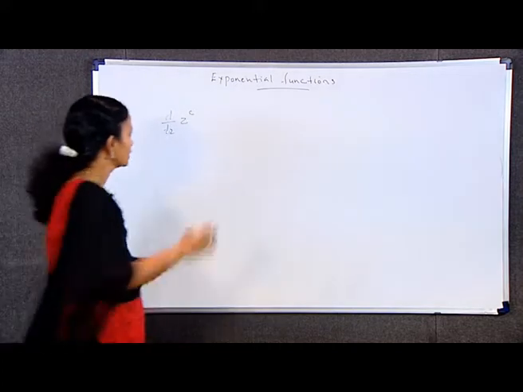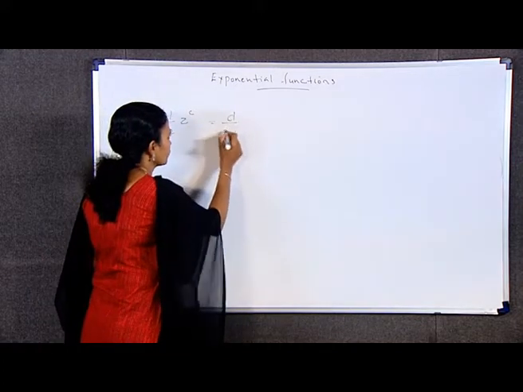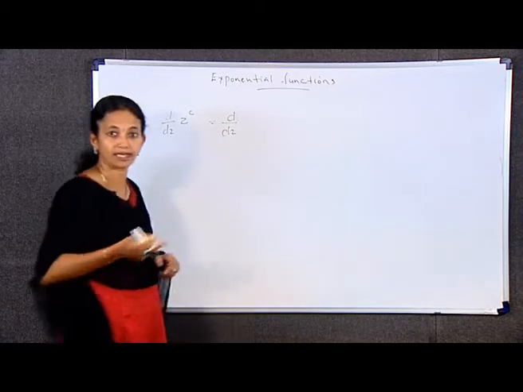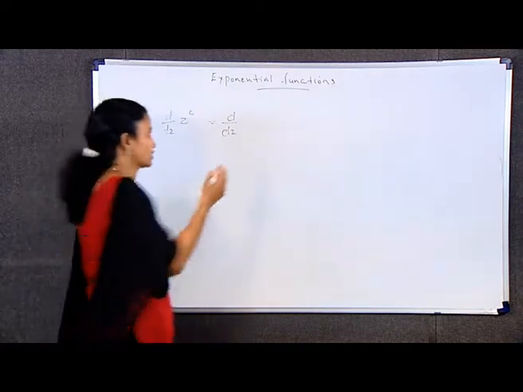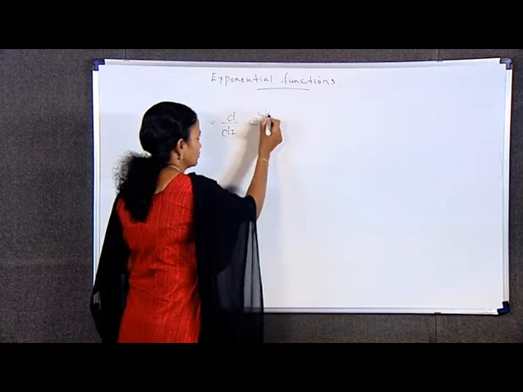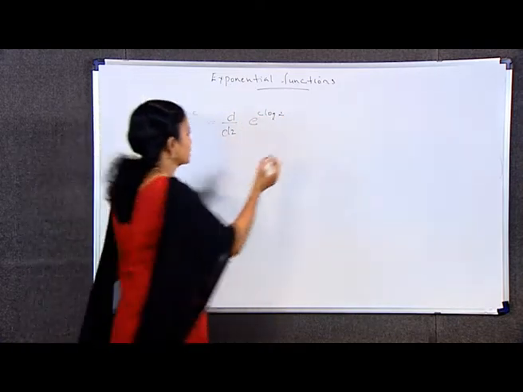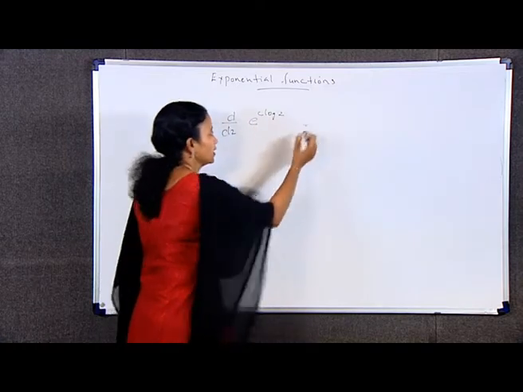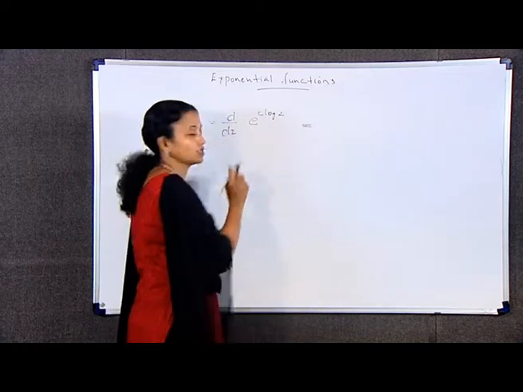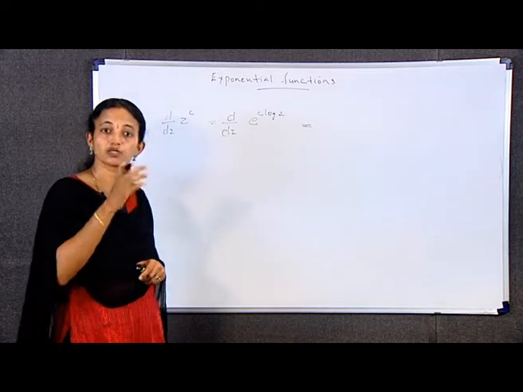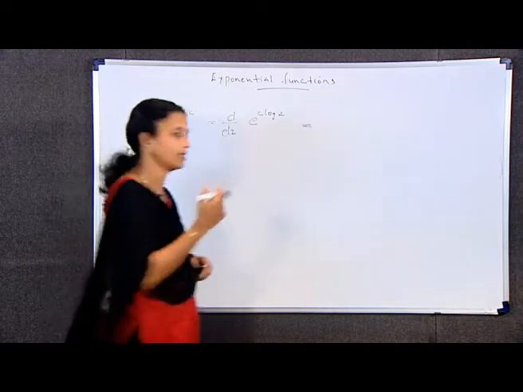This is equal to d by dz of e raised to c log z, which is equal to e raised to c log z into c by z, since the derivative of the exponential is itself.